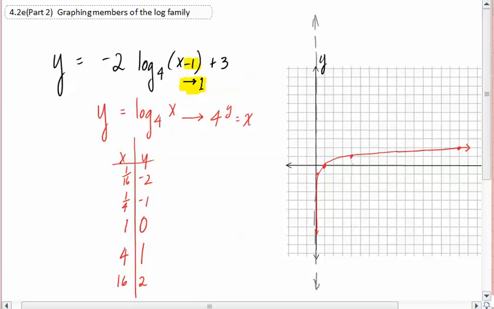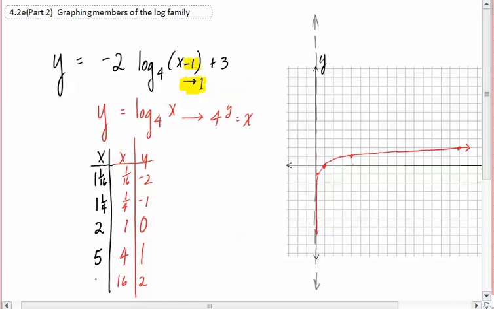Now let's take a look at how we could do that to the x column. I'm going to make another x column here that's going to be the updated x column, right? We're going to take every x value and move it to the right one, which would be adding 1 to it. So this is going to be 1 and a 16th, this is going to be 1 and a 4th, and this one will be 2. You see what we're doing?